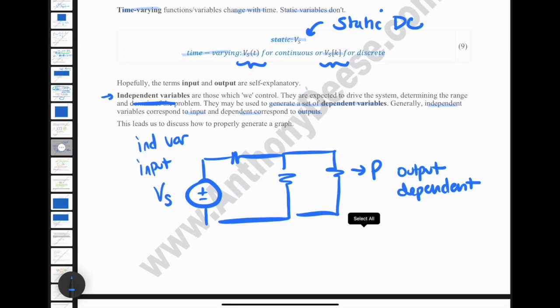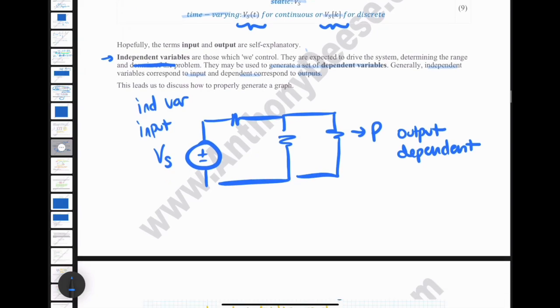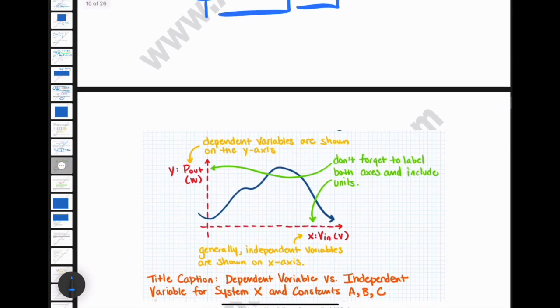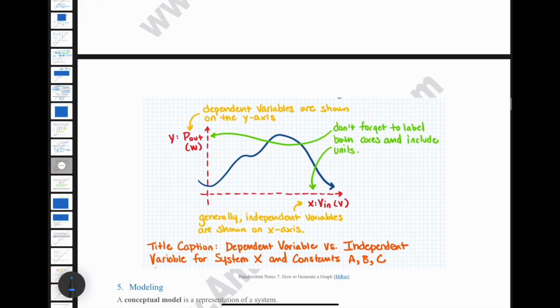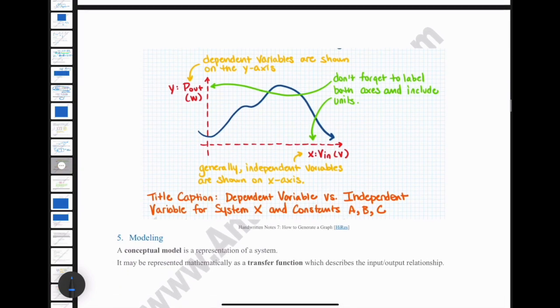Now that we've talked about independent and dependent variables, let's talk about how to make a proper graph. This may seem rather elementary, but it's needed for many students. How do you make a proper graph? First things first, you want to have your independent variable on your x-axis, and you want to have your dependent variables on the y-axis.